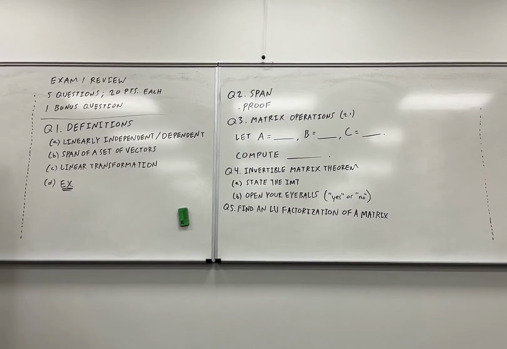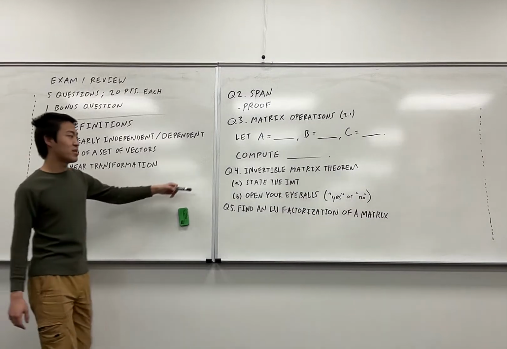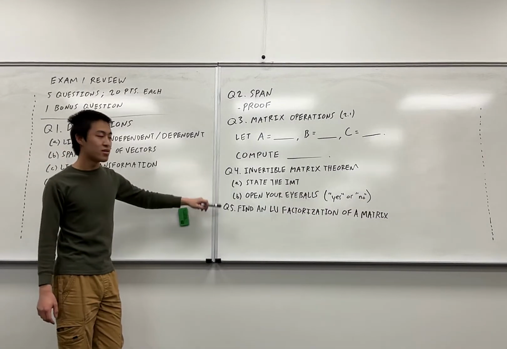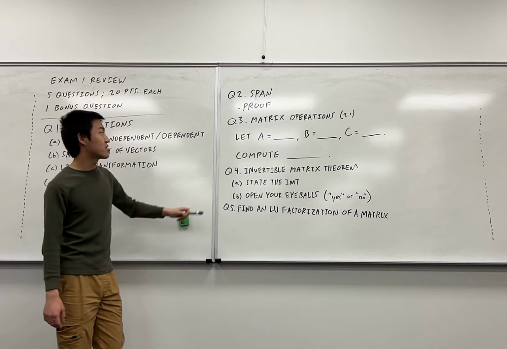Instead of coming at 1:15, if you show up at 1 o'clock, you can start. That gives you an extra 15 minutes for the bonus if you want to take the bonus. But even if you used only 60 minutes, that's still 12 minutes per question. Do you think it takes you 12 minutes to just handwrite 3 definitions? Do you think it takes 12 minutes to just handwrite a theorem? This is not going to take you 12 minutes.